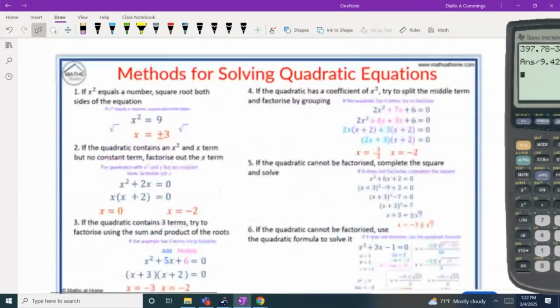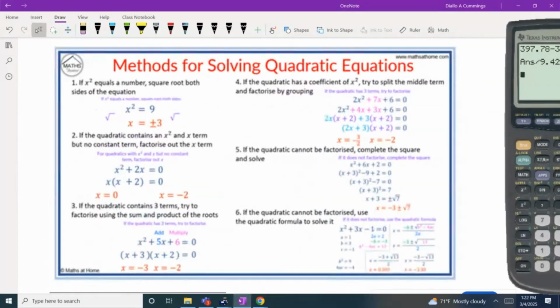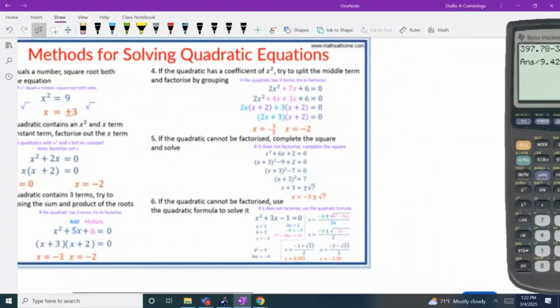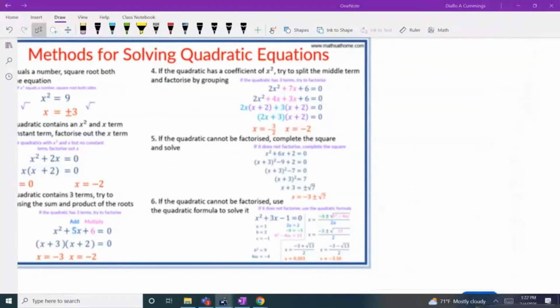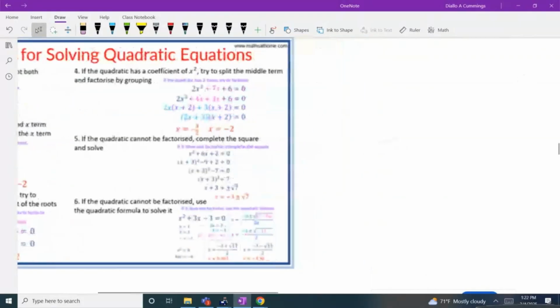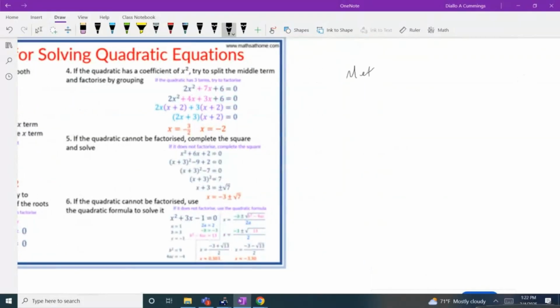So I've just added a slide. It's just something I pulled up online. It's just methods for solving quadratic equations. And there's actually 4 methods to solve a quadratic equation. And I'm just going to jot these over here. These are methods to solve a quadratic equation.